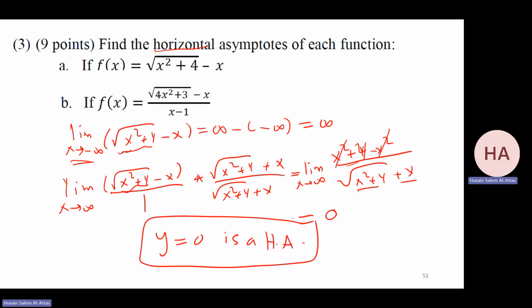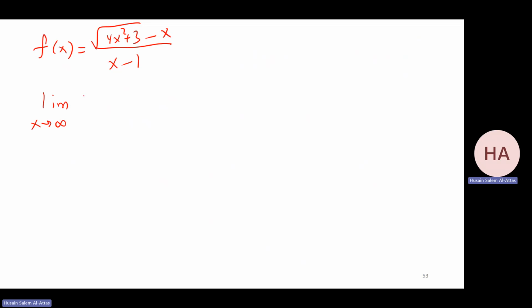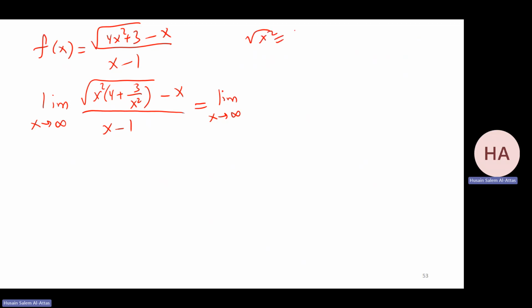The second one, square root of 4x squared plus 3 minus x, correct? Over x minus 1. We'll do the limit as x goes to infinity. For this function, we'll take x squared common factor, 4 plus 3 over x squared minus x over x minus 1. This is the square root of x squared, the absolute value of x.